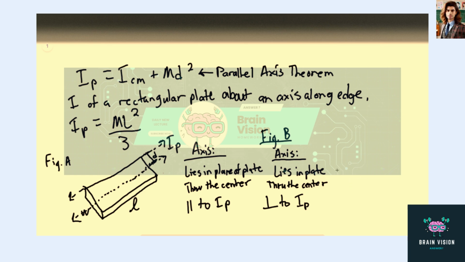So when we draw this, again our width, our length, and again our I sub P. But now the axis that they're looking for is going to be this right here.